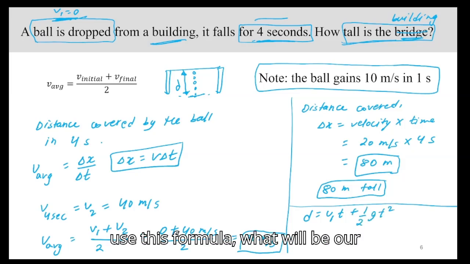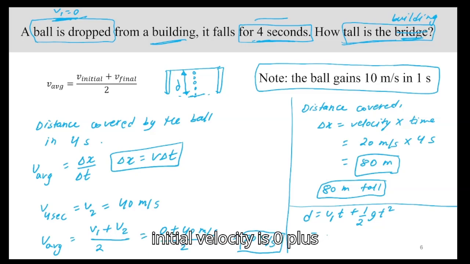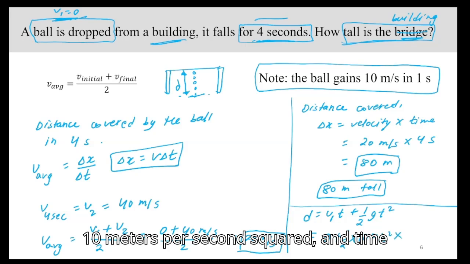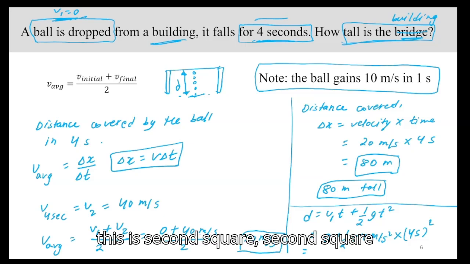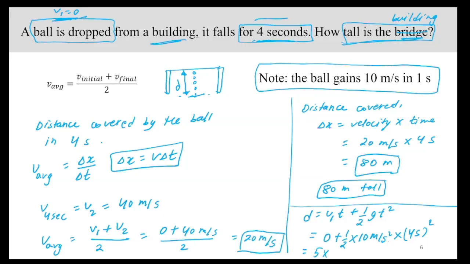Now for this problem, what we could do is use this formula as well. If we use this formula, what will be our solution? Distance traveled is initial velocity 0 plus half times g, which is 10 meter per second square, times time, 4 seconds squared. 4 squared is 16, the second square cancels out, then our answer will be 5 times 16, which is 80 meters.